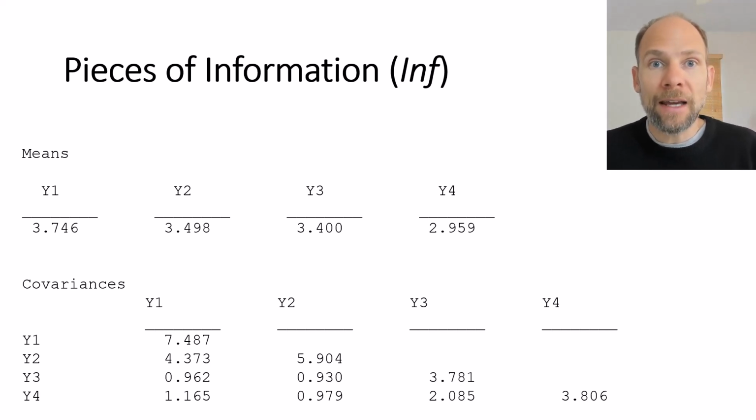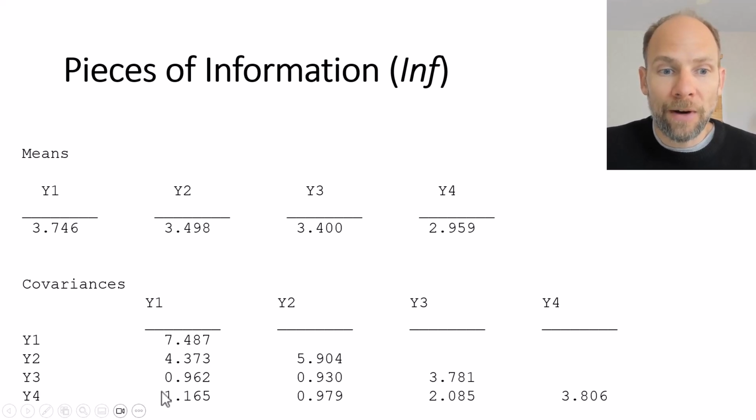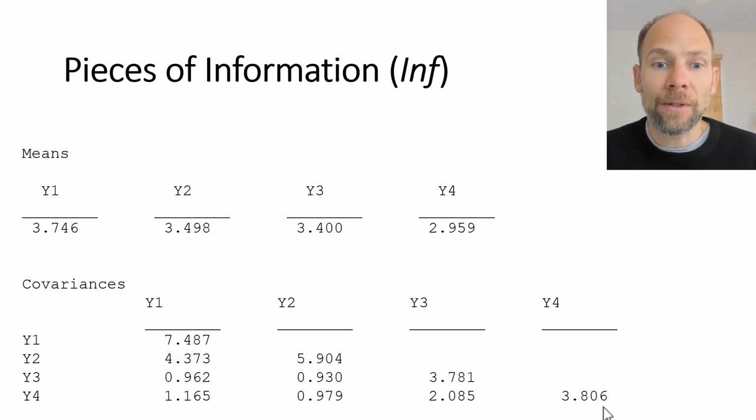In the main diagonal of the covariance matrix, so here where you find the 7.487, the 5.904, 3.781, and 3.806, those are the covariances of the variables with themselves. And a covariance of a variable with itself is equal to that variable's variance. So this means in the main diagonal of this matrix, we find the variances. And then off diagonal are the covariances.